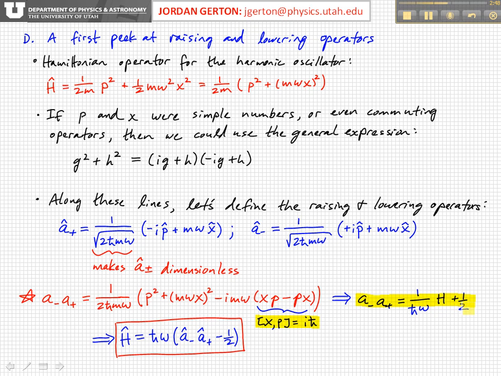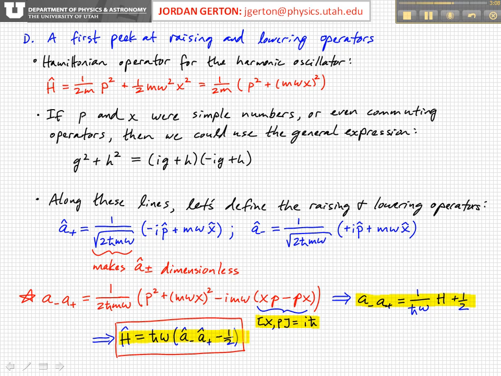We can rewrite the Hamiltonian operator h just by rewriting this equation in this form. So h is equal to, solving this equation for h, h bar omega times A minus A plus minus the number a half.